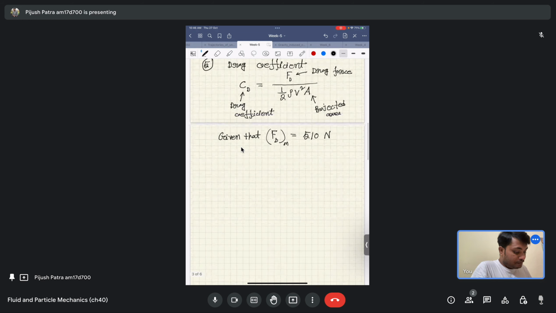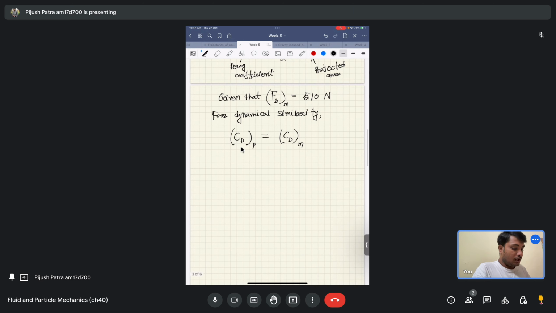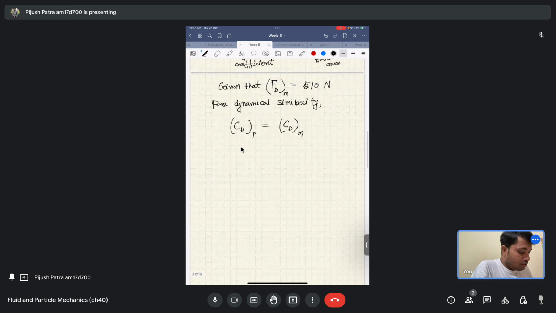So that means for dynamical similarity, CD for the prototype must be equal to the CD of the model. That's what it should be. So what is CD?